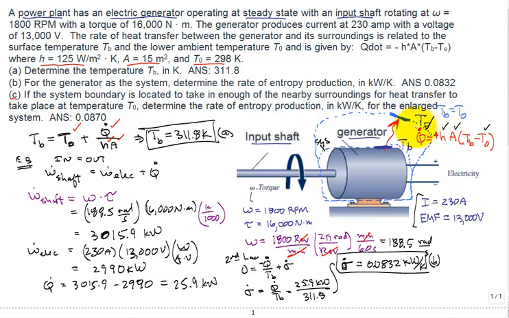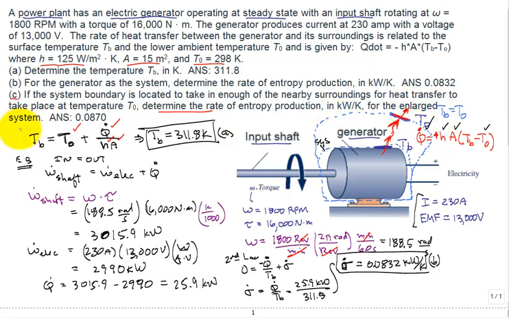The heat has to continue to be transferred. Once it's at steady state, it's going all the way out to the surroundings at T0. If you have a large system, then TB way out here is T0. So determine the rate of entropy production for that enlarged system.